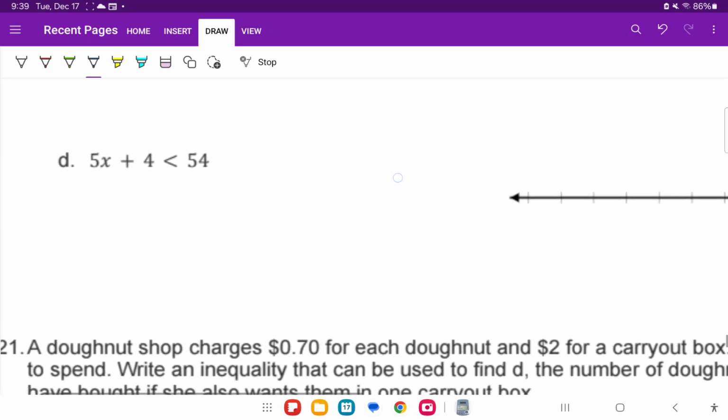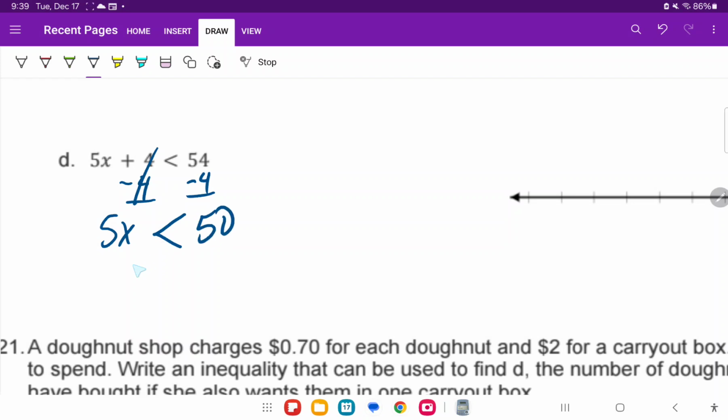Right, then letter D. We're going to subtract 4. So 5x is less than 50. So then we're going to divide by 5. So x is less than 10.